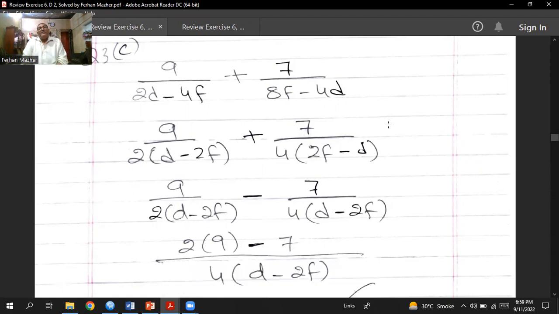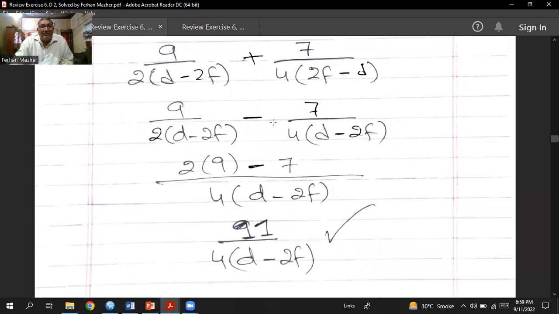So in the bracket, you will have d minus 2f, and then plus 7 divided by. From this second denominator, I will take 4 common, so bracket 2f minus d bracket close. So now I will try to find out the LCM of these two, and here's the problem. I will take negative common out of it, so minus will come here, so this order will change. It will become d minus 2f.